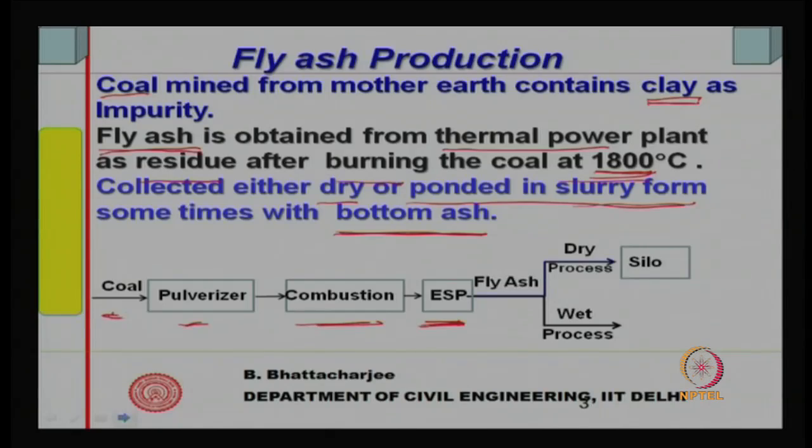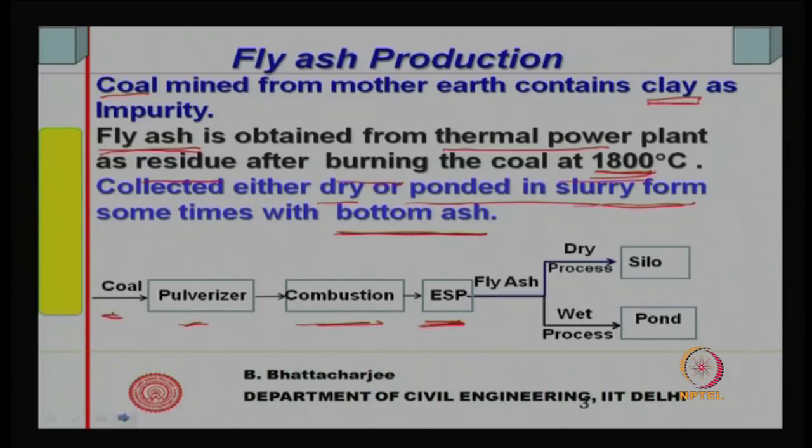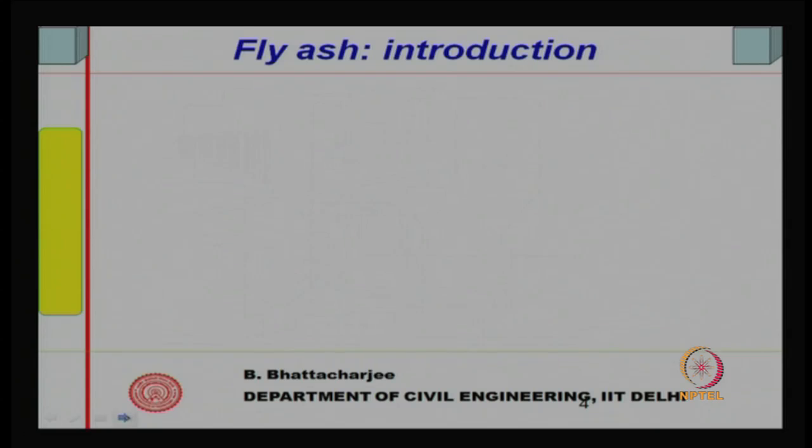In the dry process, the ash is handled dry and taken directly to the silo. So, this is how fly ash is produced. It comes from mother earth along with the coal. The coal gets burned into carbon dioxide, etc., but the silica or the clay particles form the ash. All right, that is fly ash.